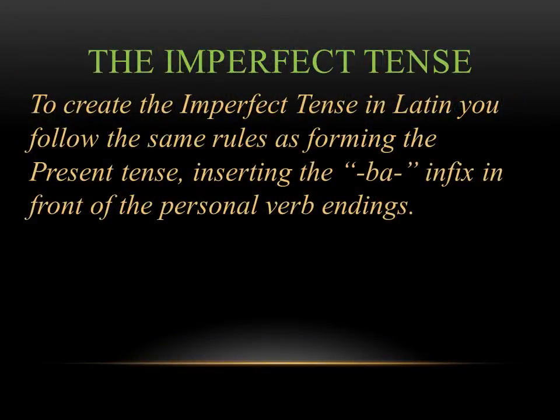So to form the imperfect tense in Latin, we're going to be using the same rules that we had for making the present tense. The difference, though, is that we're going to be inserting that BA infix that we talked about last chapter in front of the personal verb endings, and you'll see exactly what I mean in a second. So for instance, if we take the verb laudo, laudare, which means to praise, we learn that the way we form the present tense and get the present stem is by taking the infinitive and dropping the RE.